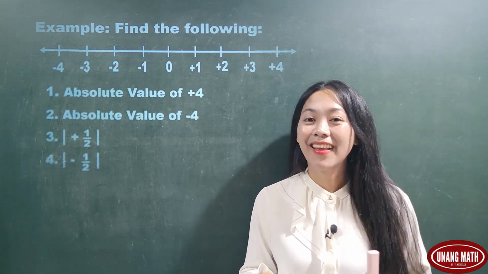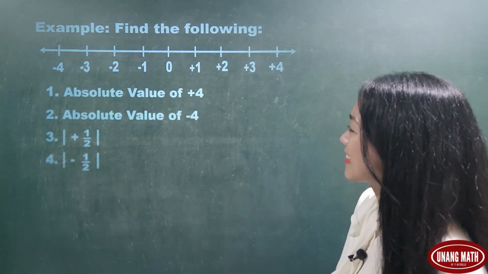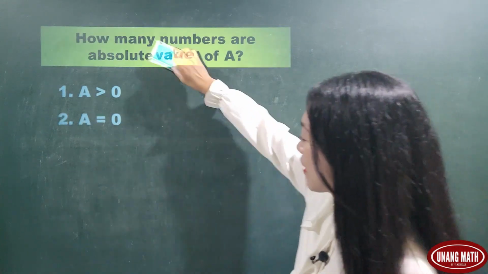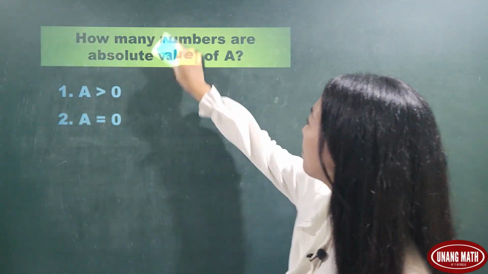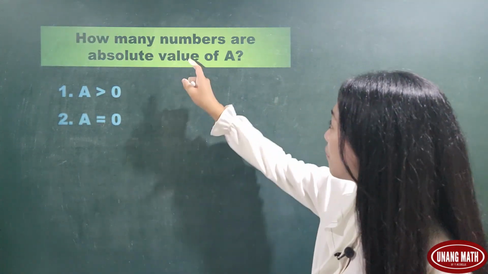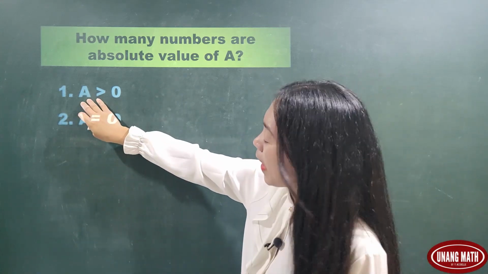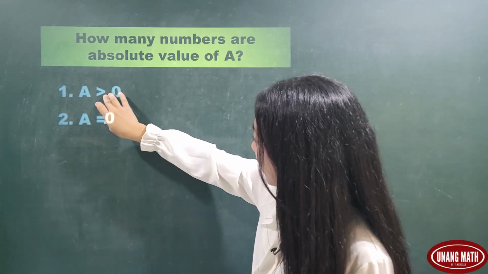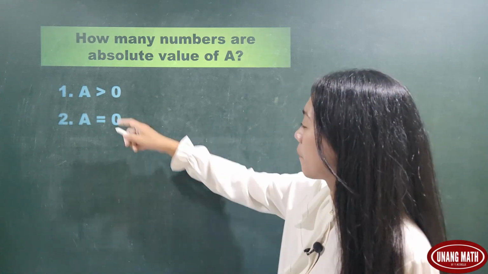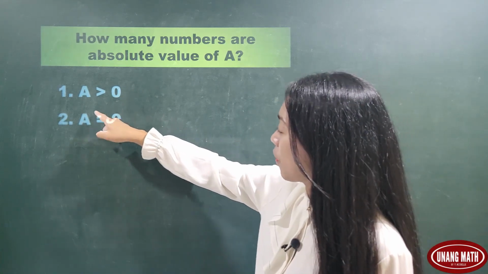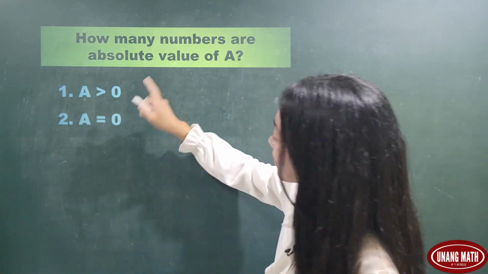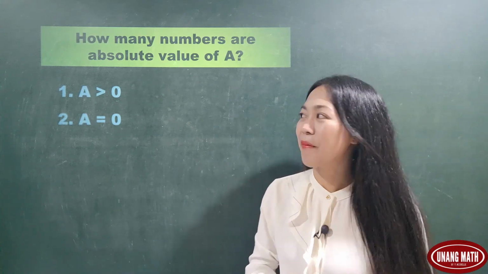But it's not always the same case. Let's check. How many numbers are the absolute value of A? Number one, absolute value of A is greater than 0. Greater than 0 means the number is a positive number.